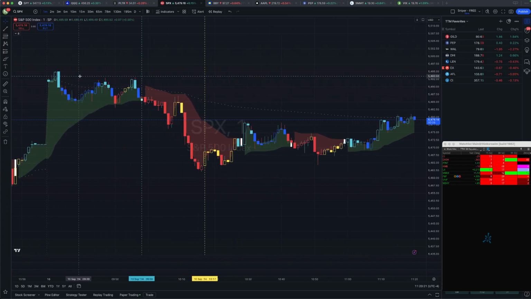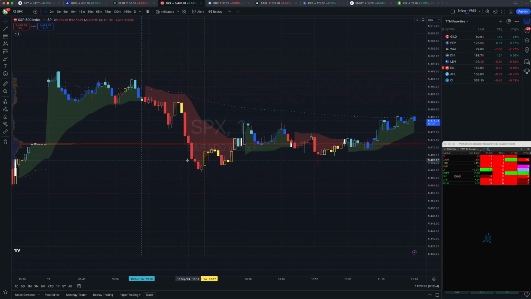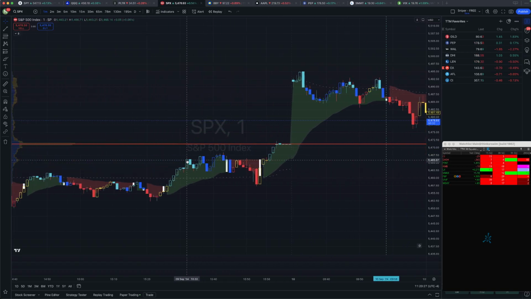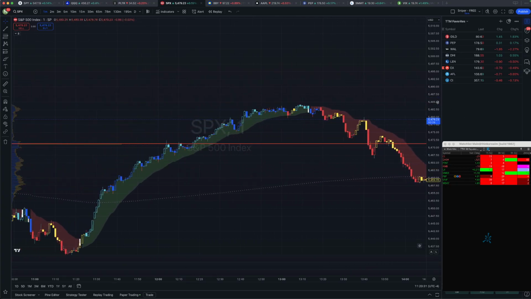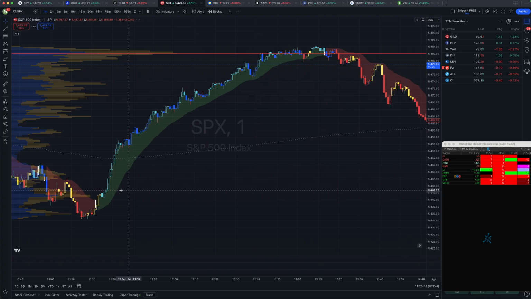A lot of times if you get into a trend day, like for instance yesterday, we got this really nice rounded bottom, but then we just kept pushing up. And we're definitely overbought all through here, but you're trending.